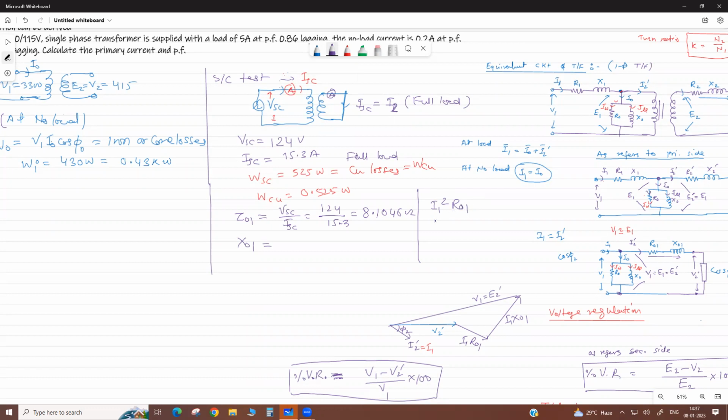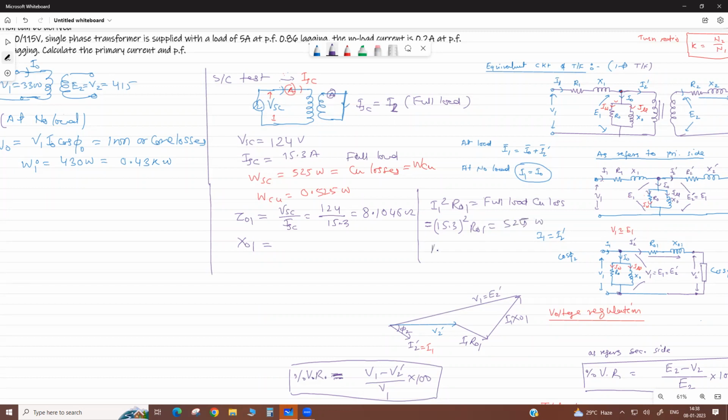I1 is the primary current, 15.3 squared, equals the full load copper loss, 525 watt.